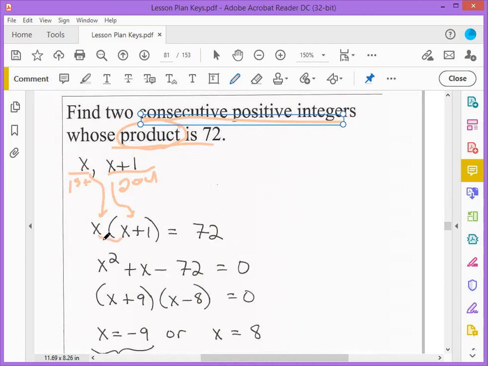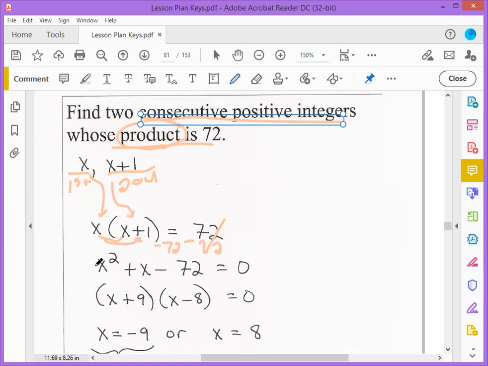We're solving. So we're going to distribute x times x, we'll get x squared. X times 1, we'll get 1x, or just x. And that equals 72. But when we begin solving this equation, we're going to subtract 72 from both sides of the equation. So the 72s will cancel on the right side, leaving 0.